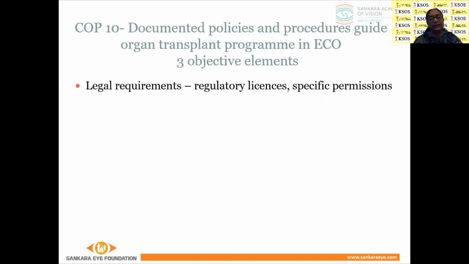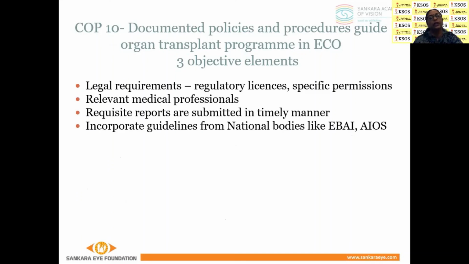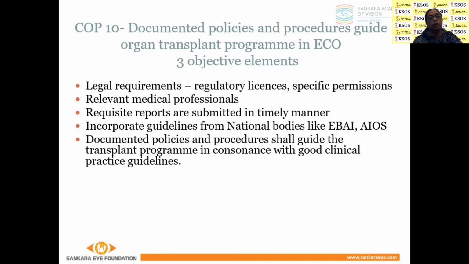All the regulatory licenses and specific permissions should be in place, and relevant medical professionals should be manning the eye bank as such, and requisite reports are submitted in a timely manner, and they should incorporate guidelines from national bodies like the EBAI and the AIOS, and documented policies and procedures shall guide the transplant program in consonance with the good clinical practice guidelines which are put up in the institute.